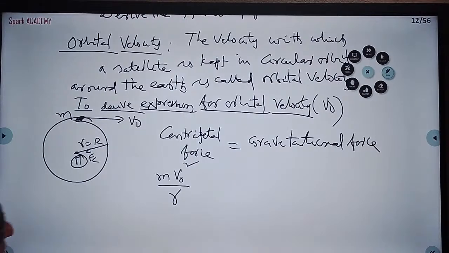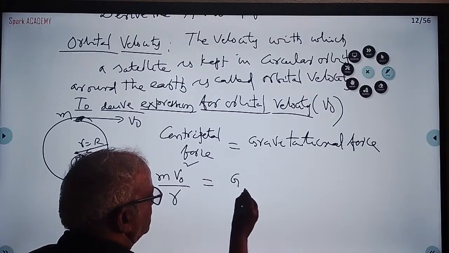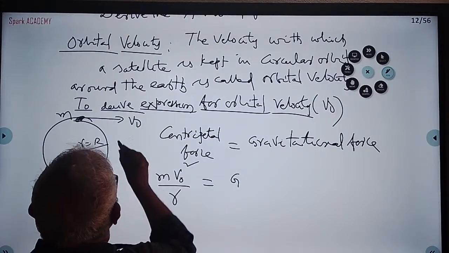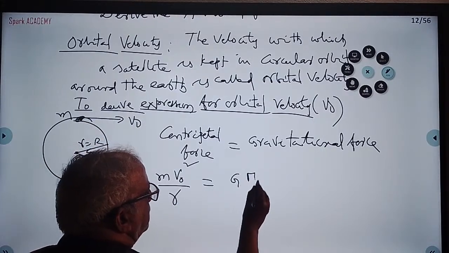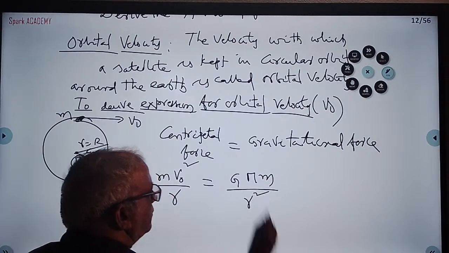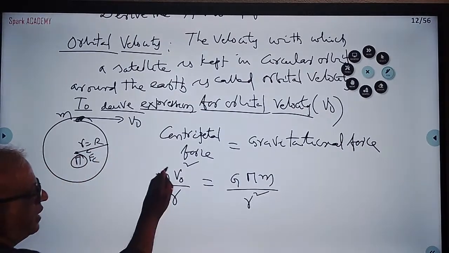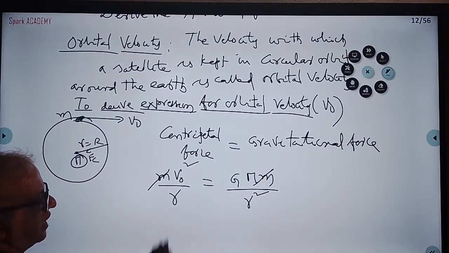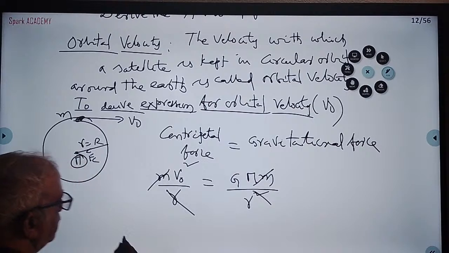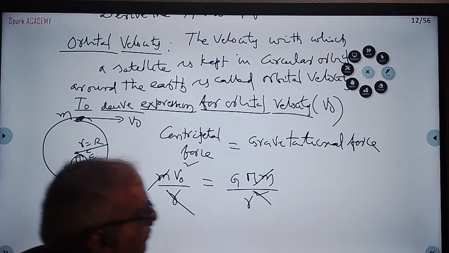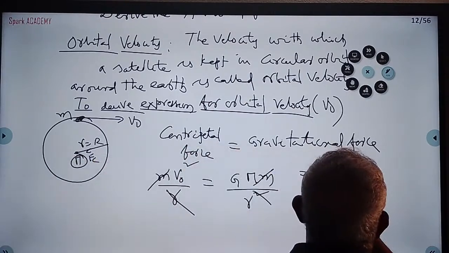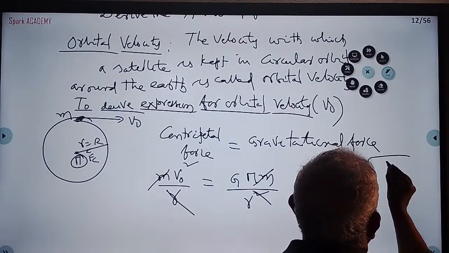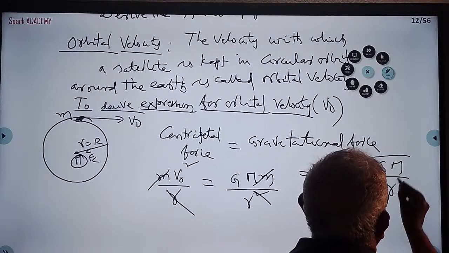Centripetal force is equal to gravitational force. Gravitational force is G, capital M is the mass of the earth, small m is the mass of the satellite, capital M small m by r square. Small m gets cancelled, which means it is not dependent on the mass of the satellite. r gets cancelled, so you get V0 equal to under root GM by small r.